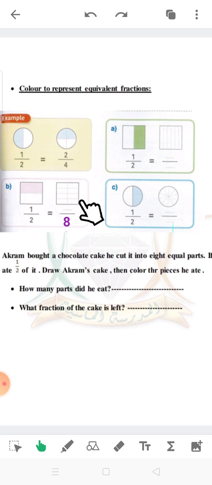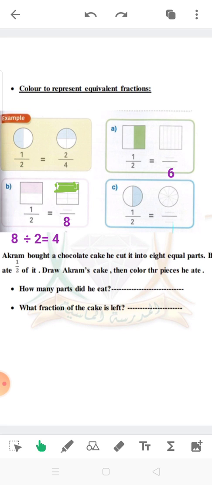All of the parts here are 8. Who can tell me what is 1/2 of 8? It's 4. Okay, excellent. So I'm gonna color 4. So we should write 4/8. Then the next example. All of the parts are 6. 1/2 of 6 is 3.